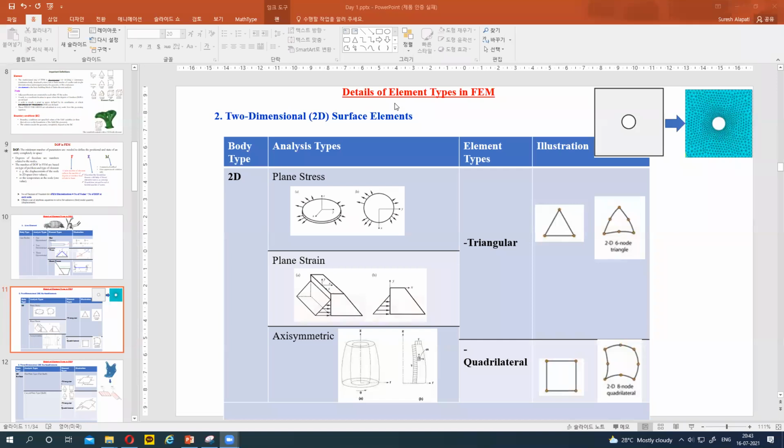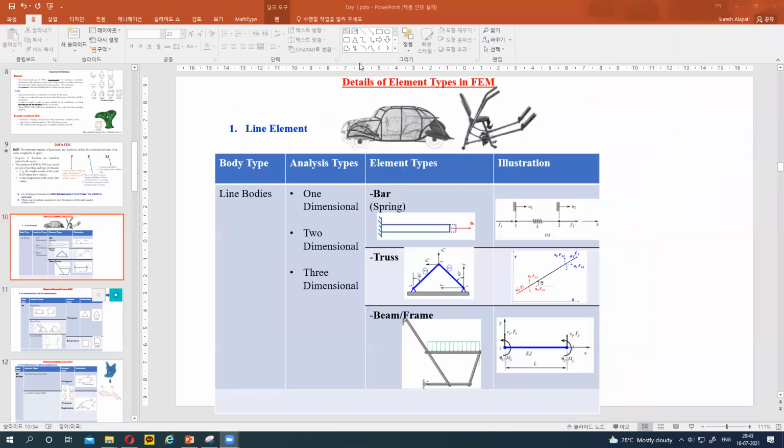So we can consider two-dimensional surface elements for plane stress analysis, plane strain analysis, and axisymmetric analysis. You can consider a three-dimensional body, or for this case also, you can just consider a line body. That's up to you.